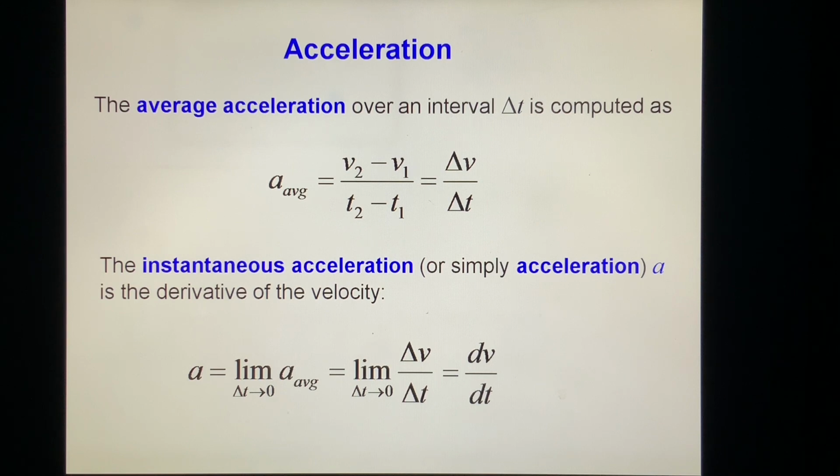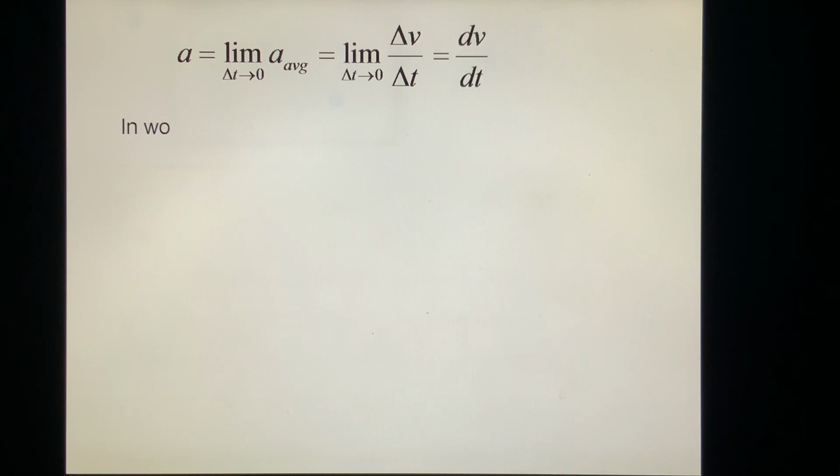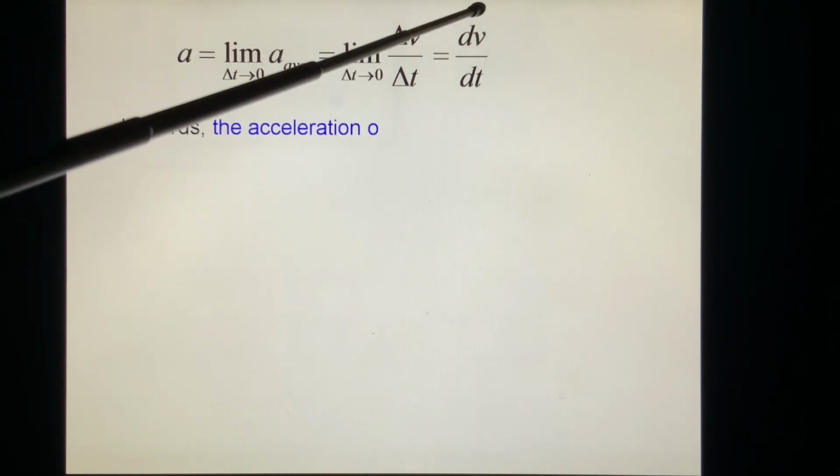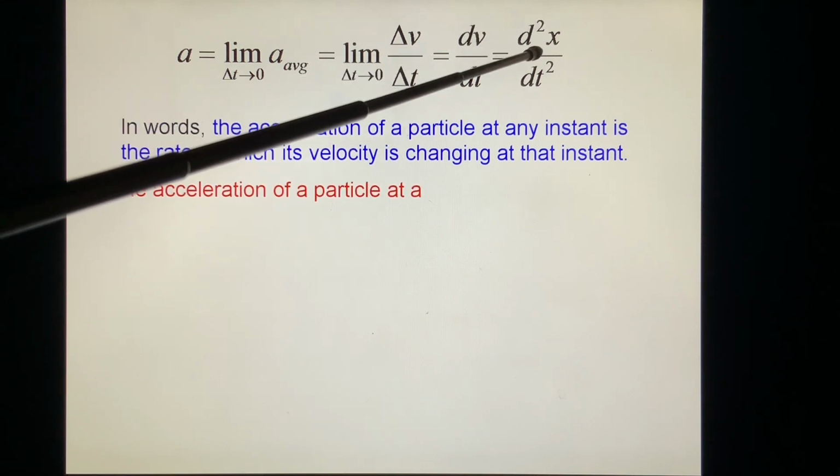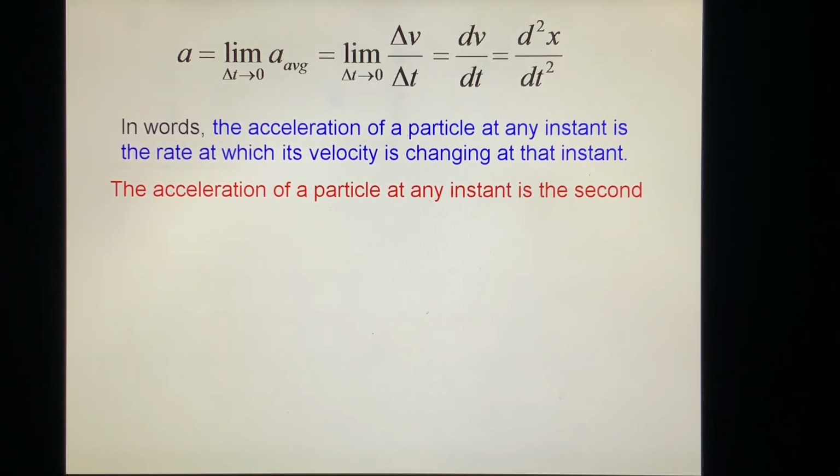Because v itself is equal to dx/dt, a equals the second derivative of x with respect to time t. So a equals dv/dt equals the second derivative of x with respect to time t.